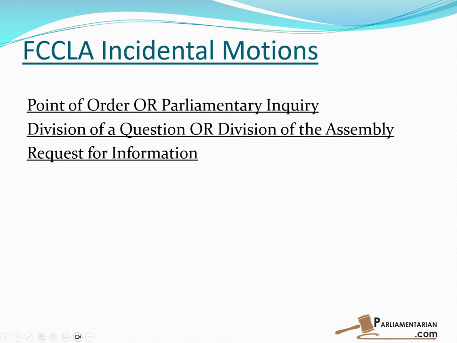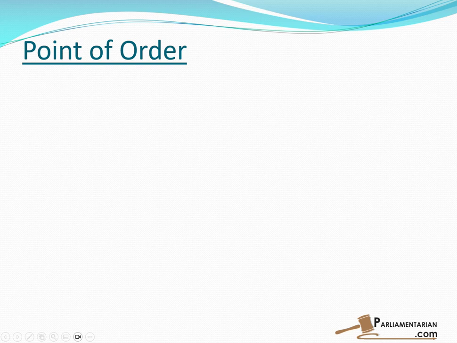All right, so let's look at a point of order. The purpose of this is to make a complaint that a rule is not being followed. Now, it is not to disagree with the motion. I've seen the point of order used because with a point of order you get instant recognition.